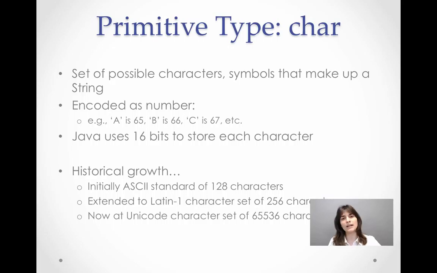So the Latin 1 extension just took advantage of 1 more bit, because 256 is 2 to the power of 8. And with 1 byte, we can then represent all of the characters in the Latin 1 character set. Now, the Unicode set uses 2 bytes, so the number that you see on the screen for the Unicode character set is nothing other than 2 to the power of 16.